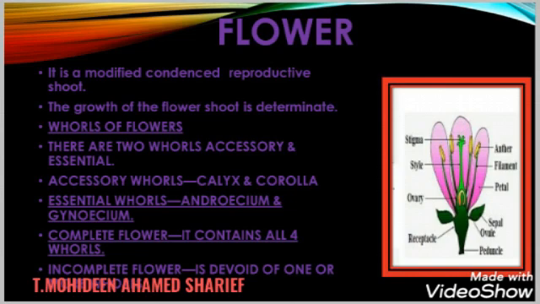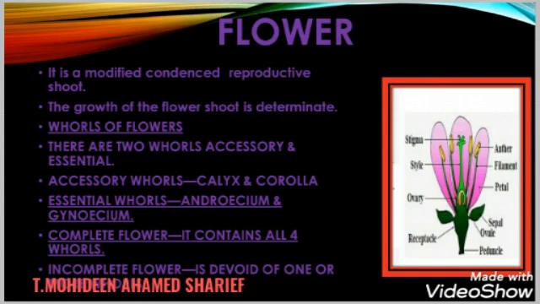Accessory whorl consists of calyx and corolla, and essential whorl consists of androecium and gynoecium. So the flower is said to be complete when it contains all the four whorls. An incomplete flower is devoid of one or more whorls.